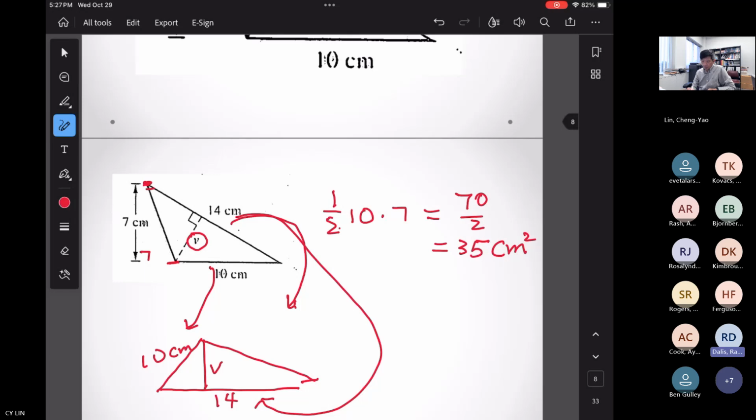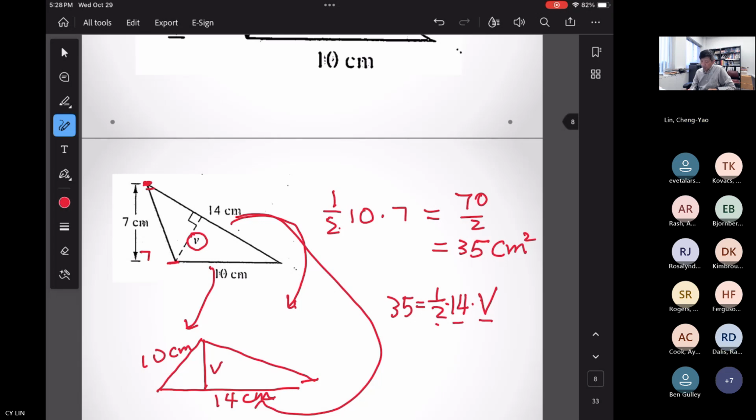Now, if I rotate, I change the base. So my base right now is 14. Are you with me for 14? Okay. But my height will be V. 1/2 base times the height, right?